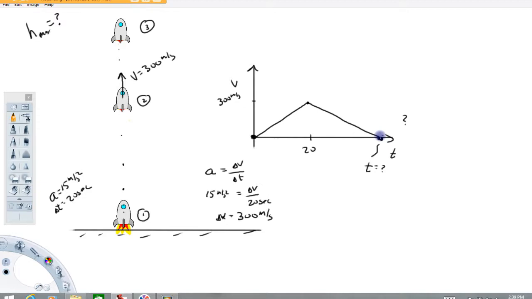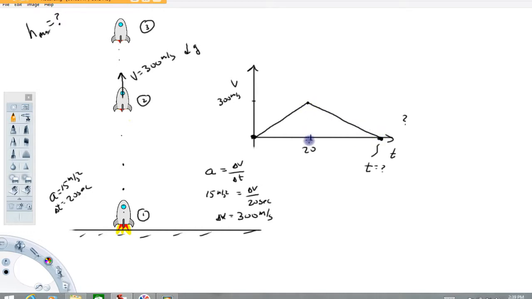There are a couple ways to do that. Between 2 and 3, this is a free fall situation, so the acceleration is gravitational acceleration down, if we assume air drag and other forces are not relevant. That means the slope of this line is negative 9.8 meters per second squared. Slope is rise over run.